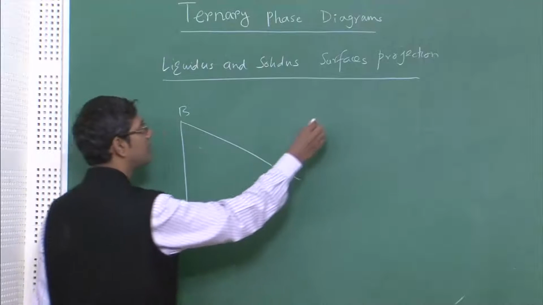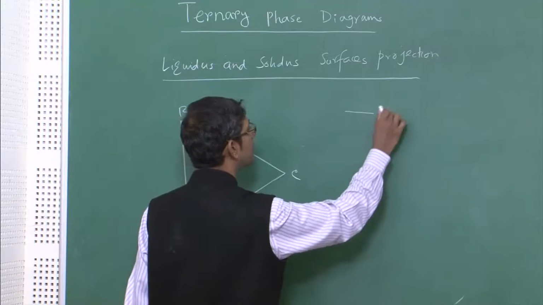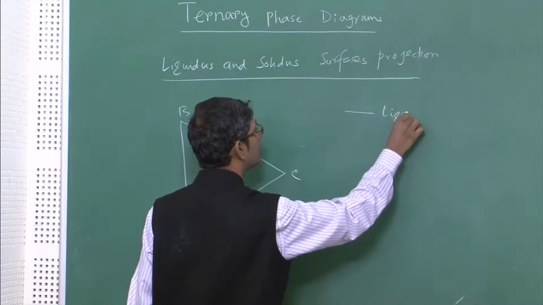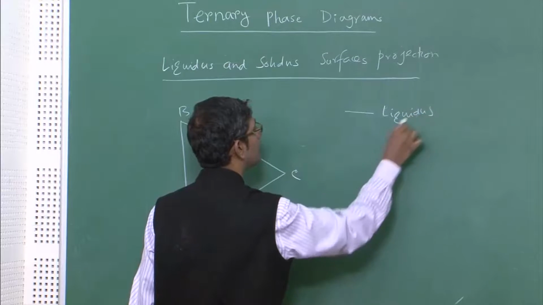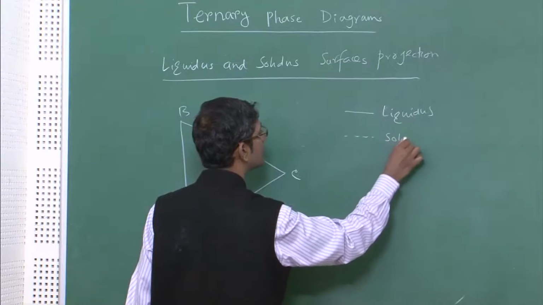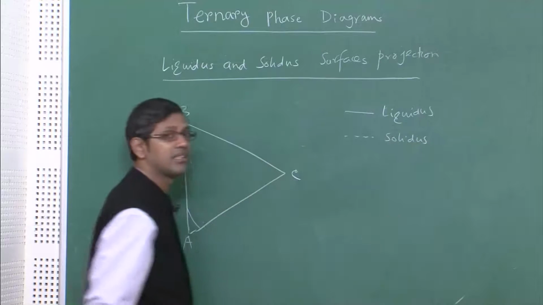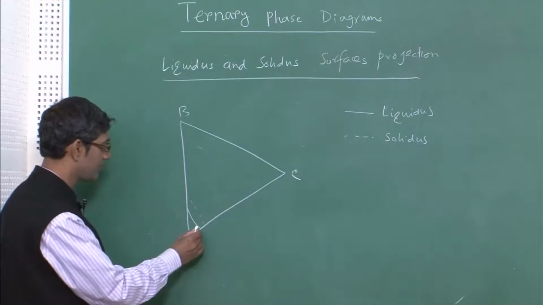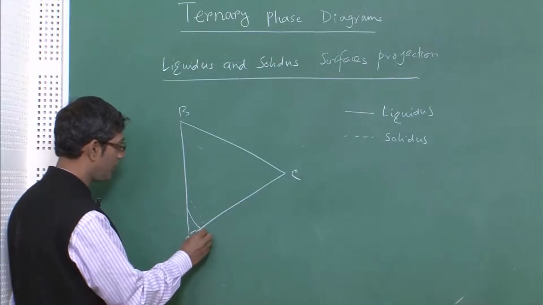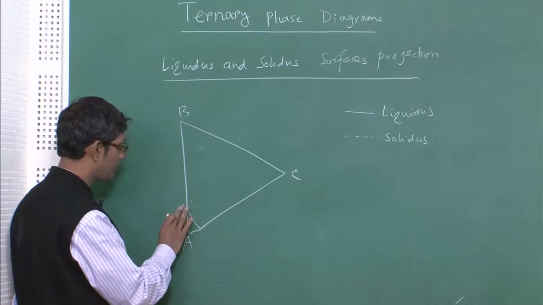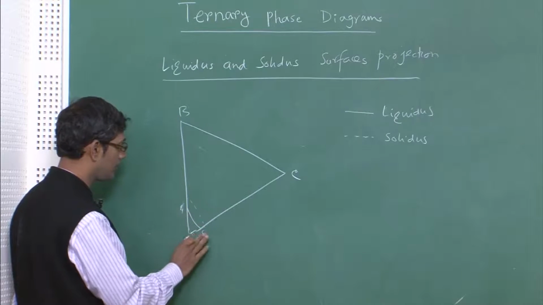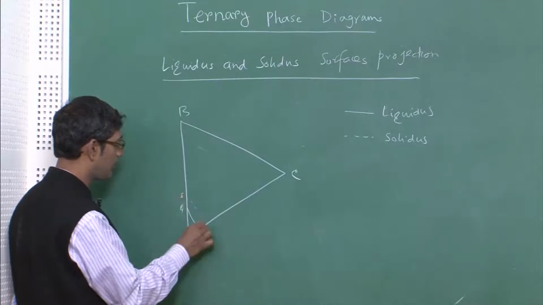So, I am projecting, this is the liquidus line and this is the solidus. Please remember these are done at different temperatures. This is at T1, so L1 L1 prime and S1 S1 prime.